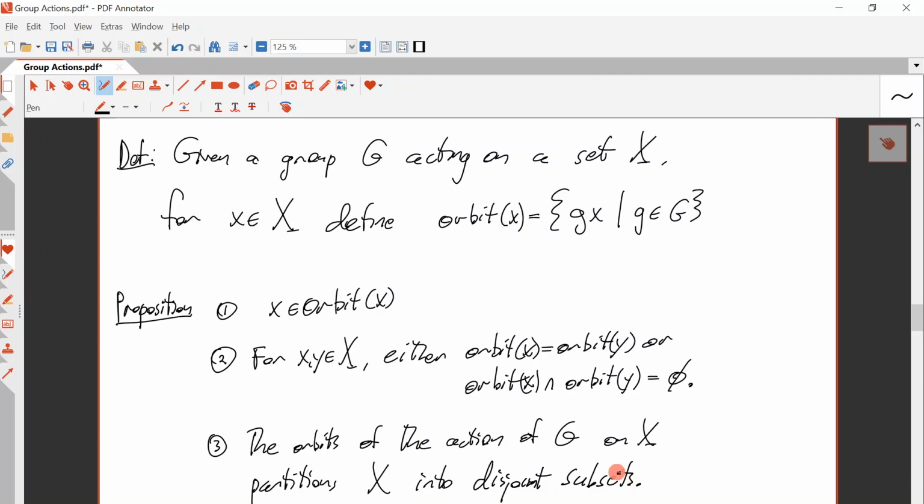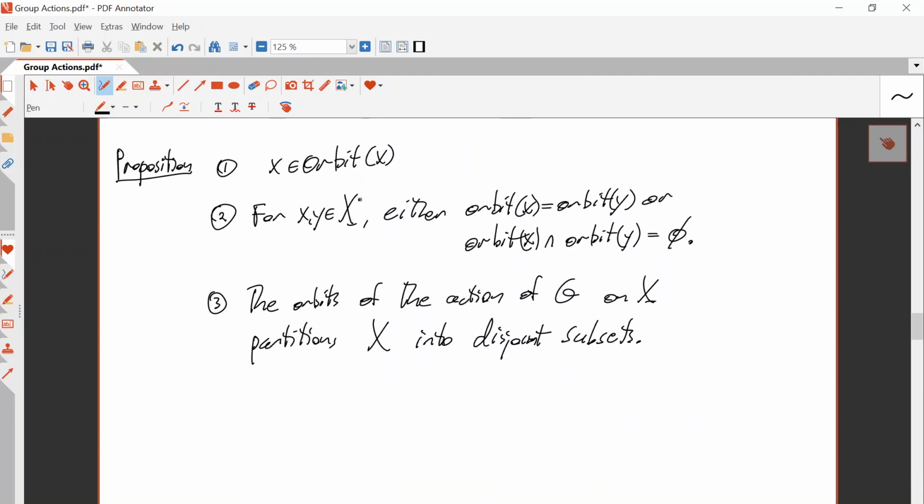That's just a combination of 1 and 2. Every element in X is in some orbit, and then any two orbits are either the same or completely disjoint. Okay. Proof. 1, well, the action of the identity on x is x. So that's it.